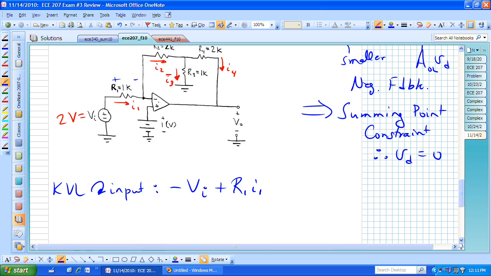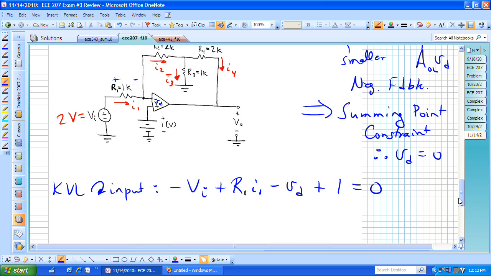With the summing point constraint, I have minus V sub D. That will go away in our summing point constraint, and if we're out of the linear operating region, or if we've saturated, then we'll have to come back and make some adjustments, but we're going to assume that it's equal to 0. Plus, now we're going into the positive terminal of that 1 volt offset DC voltage before we reach ground.